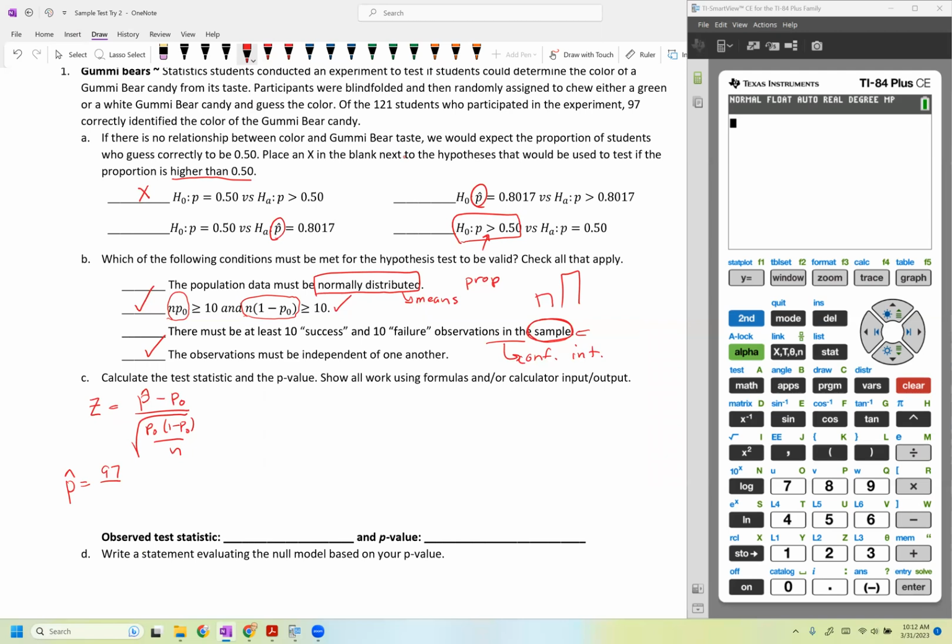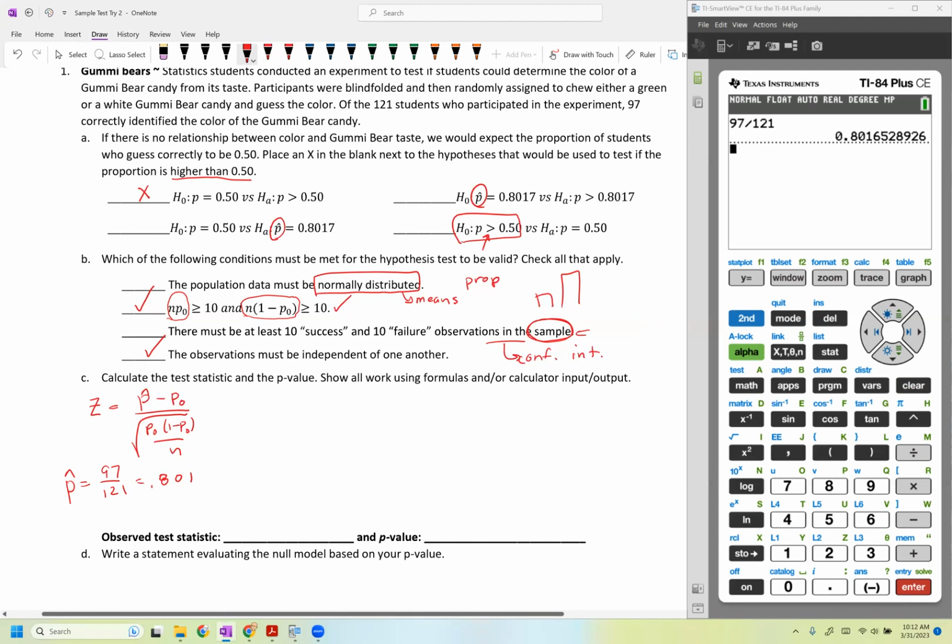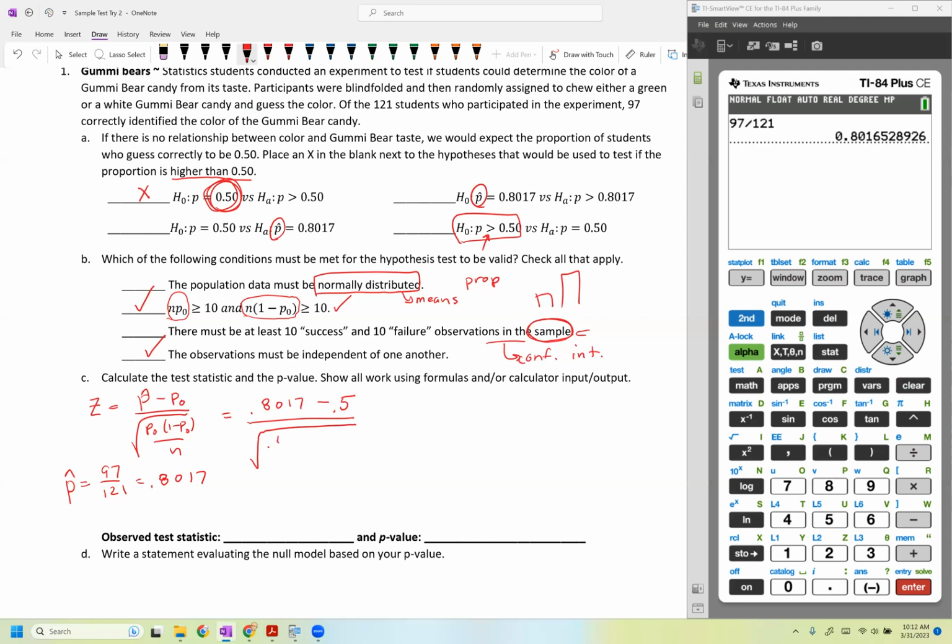We observed 97 out of 121, 97 divided by 121, which was about 0.8017. So 0.8017 minus our p-naught, which is the value from our H0 claim, 0.5, all divided by the square root of 0.5 times 1 minus 0.5, all over our sample size of 121.